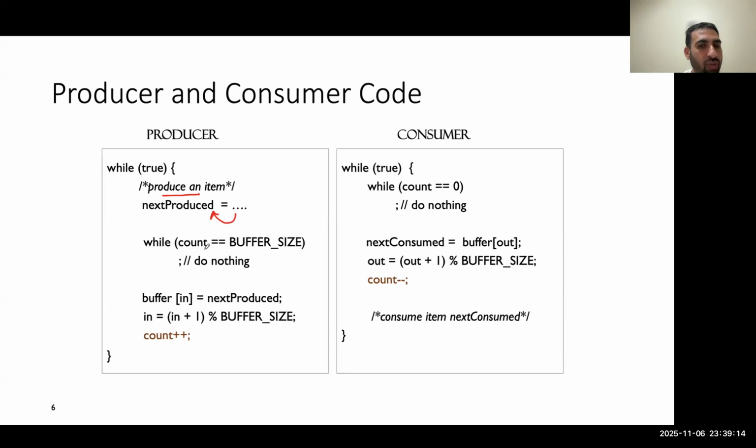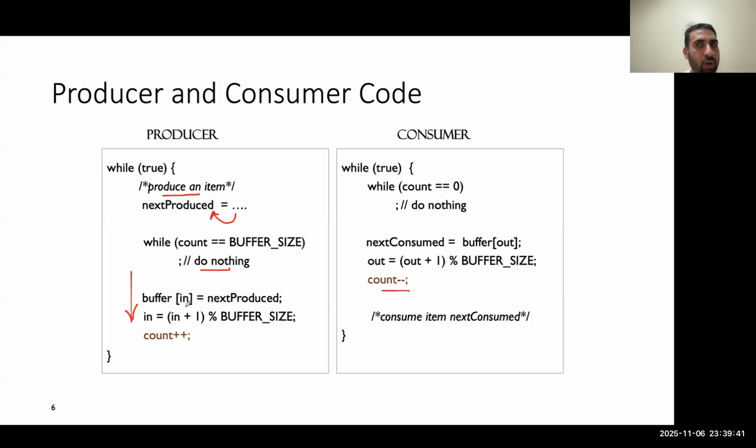If count is equal to buffer size, it means that the queue is full. So if the queue is full, then our producer will wait. It will do nothing until count is not equal to buffer size anymore, which means it waits for the consumer to retrieve an element and reduce the value of the count, right? So when the count is not equal to buffer size anymore, our producer will go ahead and produce.